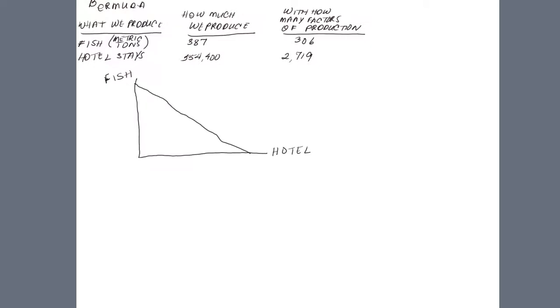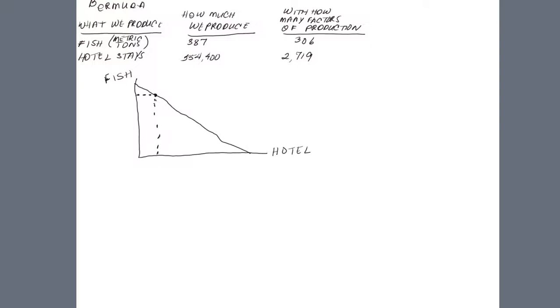Okay, so for instance, if I have a point here, this tells me that with the factors of production that I have, one combination of fish and hotel stays that I can produce is this value over here on the y for fish, and this value over here on the x for hotel stays. This line represents the maximum.